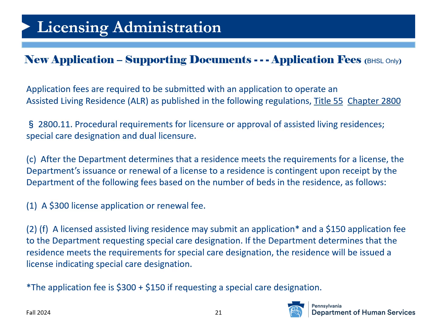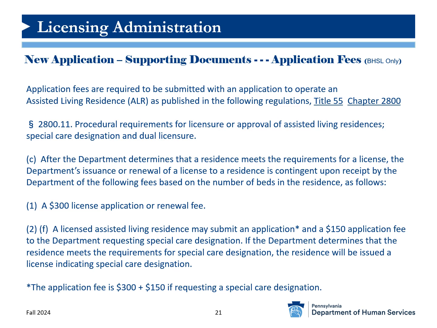The application fees for an assisted living residence are published in the Chapter 2800 regulations. Those application fees are $300 for an application for an assisted living residence. And if you want to have an assisted living residence with a special care unit, then that would be an additional $150.